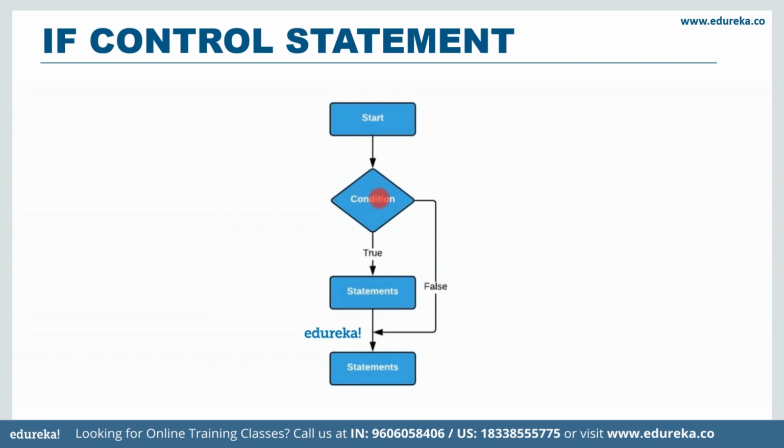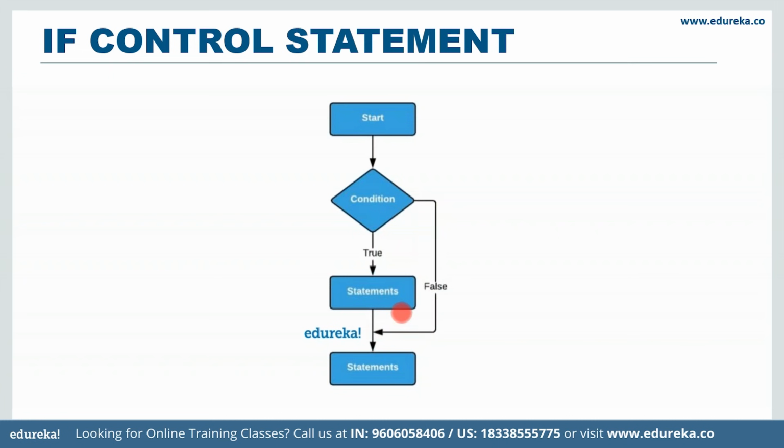This condition is none other than the if condition. If the condition is true, then the control enters the condition and executes the statements which are present inside the condition block. In case the condition fails, then the control flows outside the condition and executes the statements which are present outside the condition block. So this is how the if control statement works.